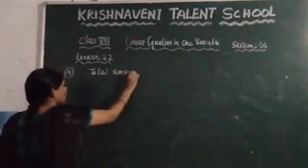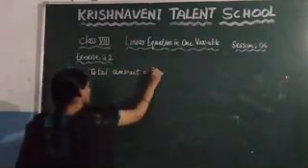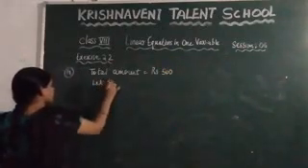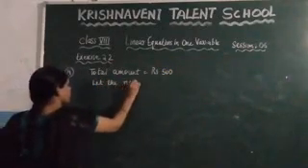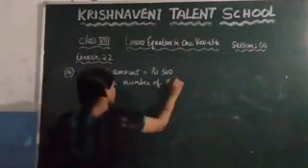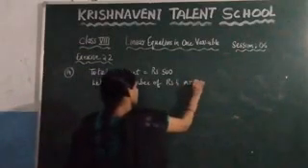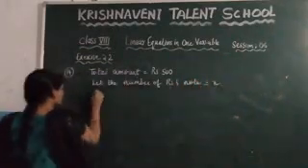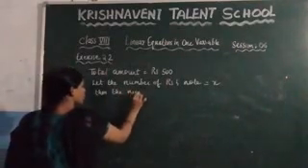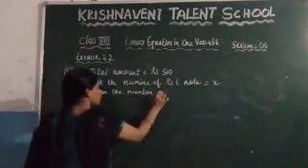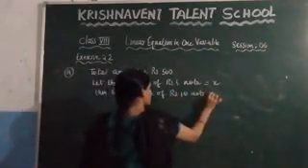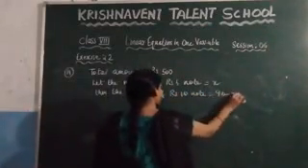What is the total amount they have given? 500 rupees. And let the number of 5 rupee notes be x. Then the number of 10 rupee notes is 90 minus x, because the total number of notes is 90.